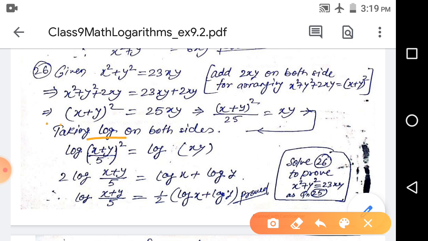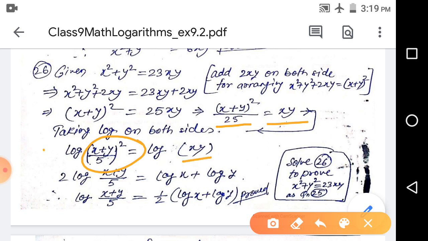So here we have (x plus y) whole square is equal to 25xy, which can be written as (x plus y) whole square by 25, equal to xy, and later this 25 can be written as 5 square. So it becomes (x plus y by 5) whole square, equal to xy.